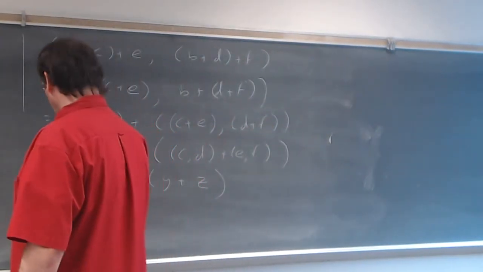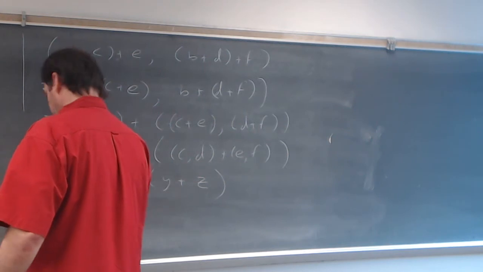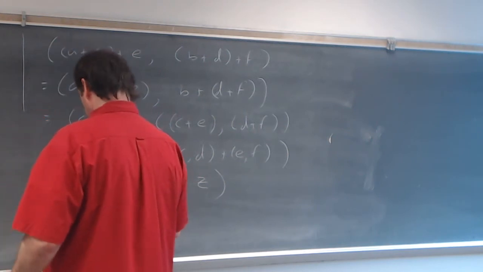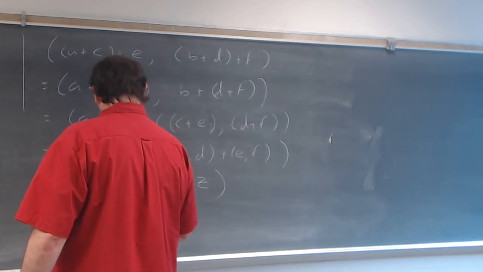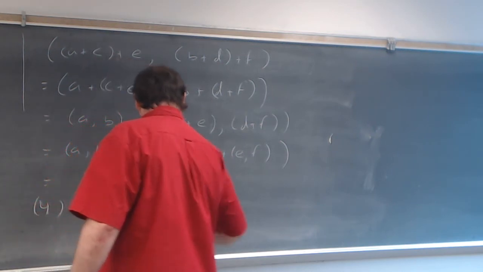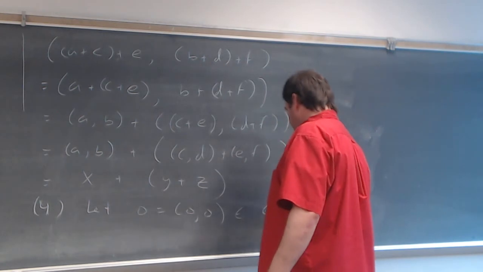And so here, for 4, let 0 be equal to (0, 0) in the complex numbers.